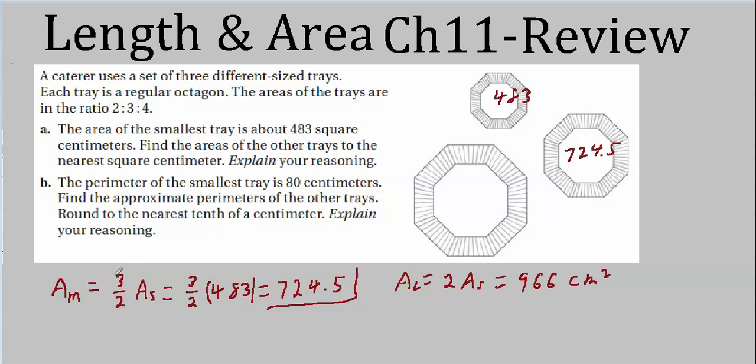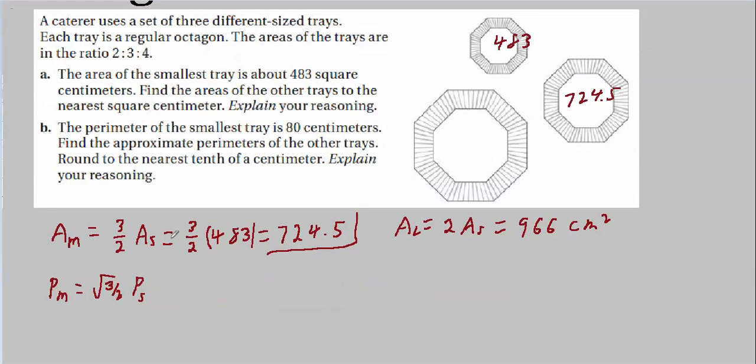In other words, for the perimeter, the perimeter of the medium one would be the square root of 3/2 times the perimeter of the small one.